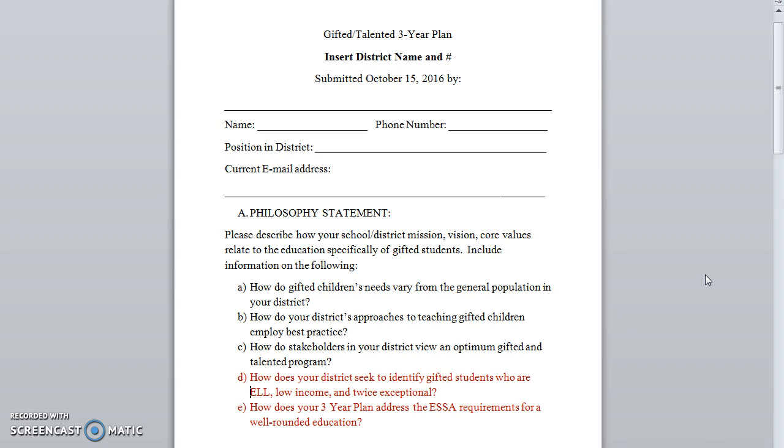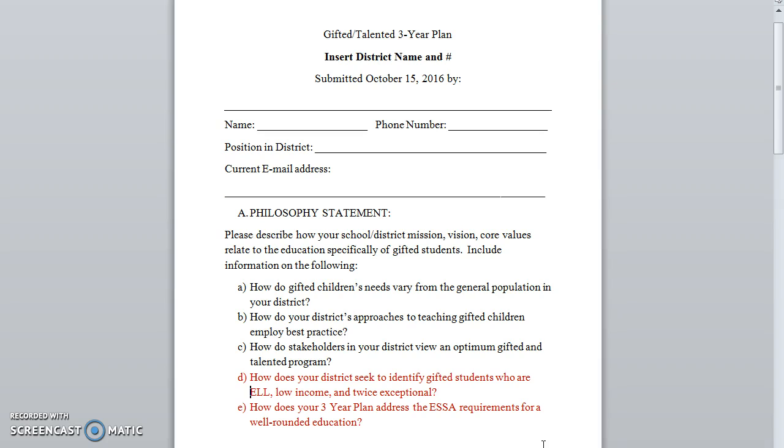There are several questions here relating to your school district's mission, your values, and your core central way of looking at gifted education, and how they vary from the general population, down to the last two, which are fairly new.